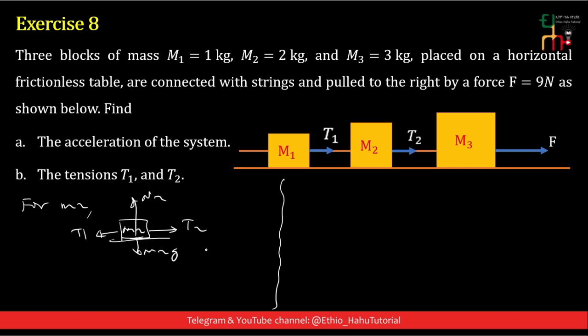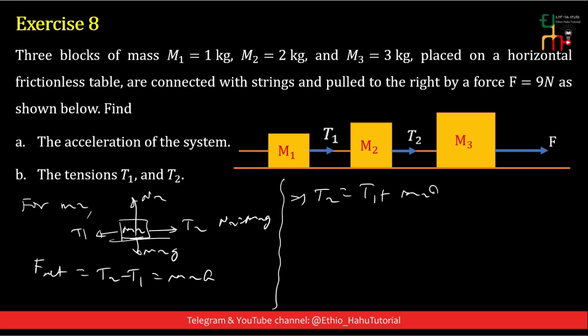N2 and M2G are balanced, but T2 minus T1 is the net force acting on M2, because the block is moving to the right. This is equal to M2 times A. This implies tension T2 is equal to tension T1 plus M2 times A.